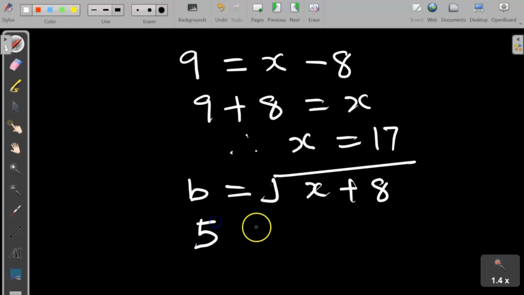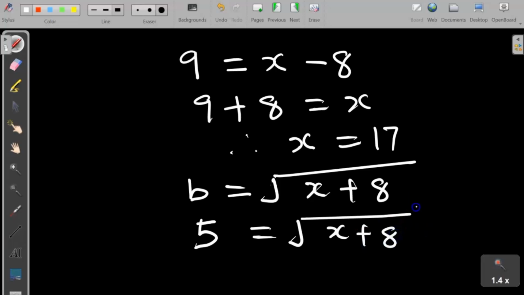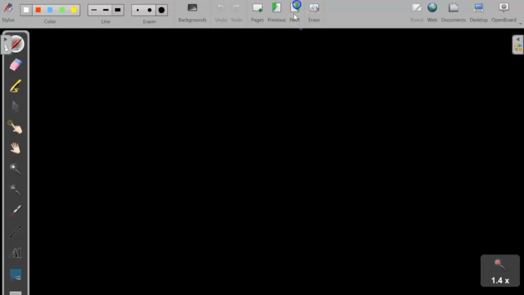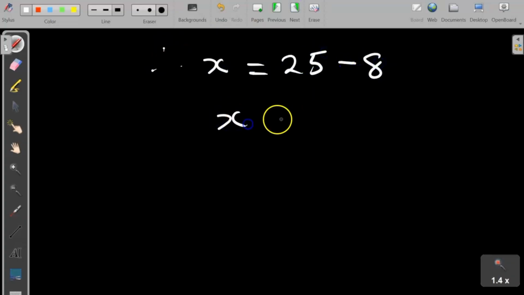So 5 is equal to root x plus 8. If I square both sides, 25 is equal to x plus 8. Therefore, x will be 25 minus 8. X is 17.